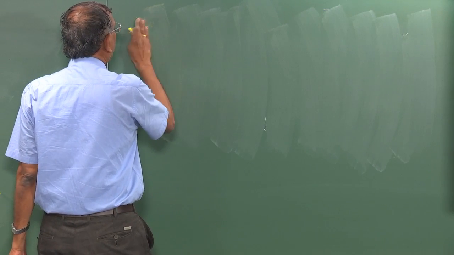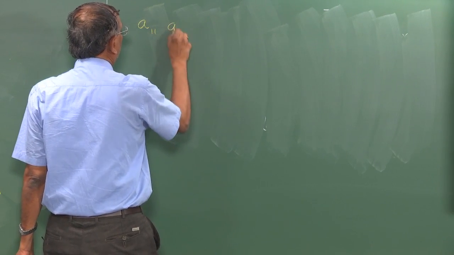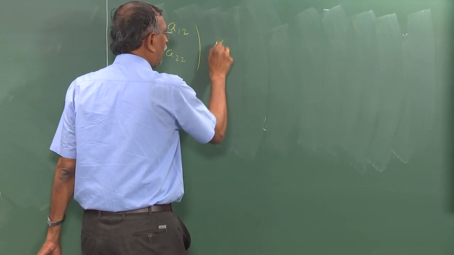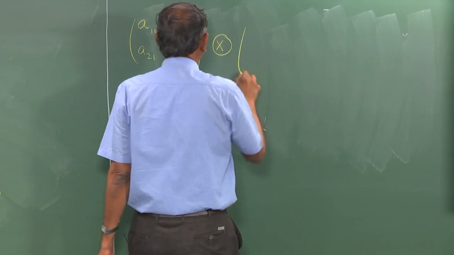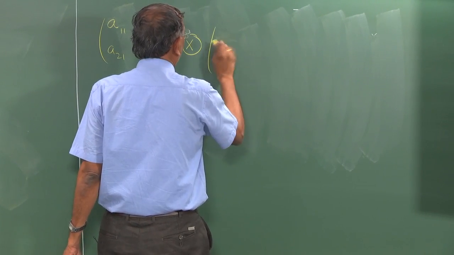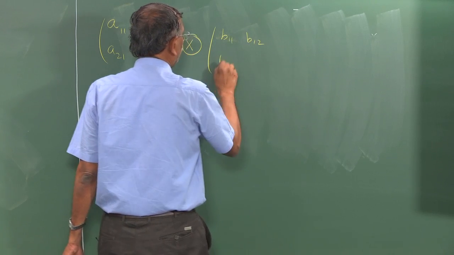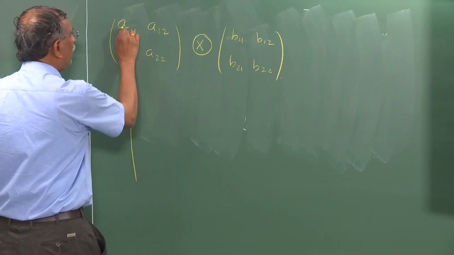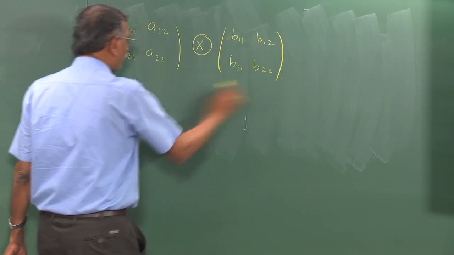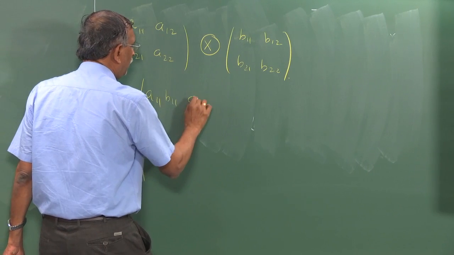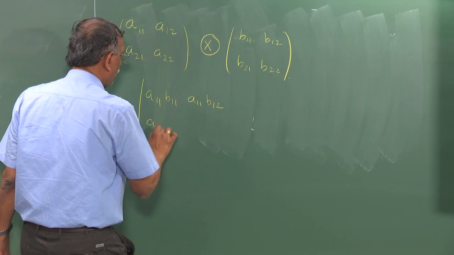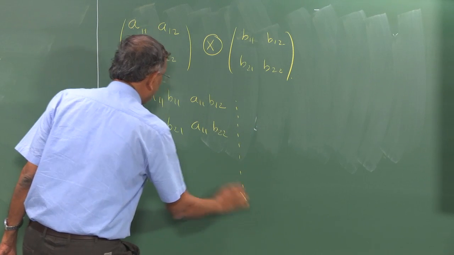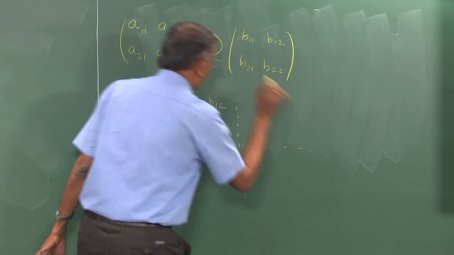If you take a matrix A11, A12, A21, A22, the direct product of the matrix with, for example, itself, let's write another one, B11, B12, B21, B22, is equal to A11 multiplying all the 4 elements: A11 B11, A11 B12, A11 B21, A11 B22. Let us put a mental partition so that we know what we are writing.